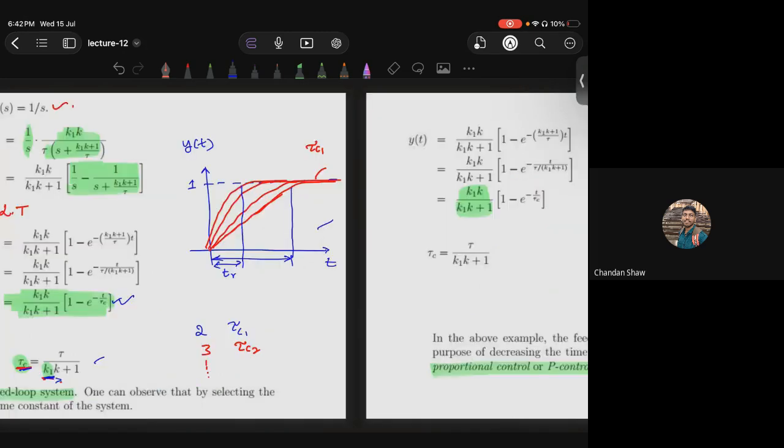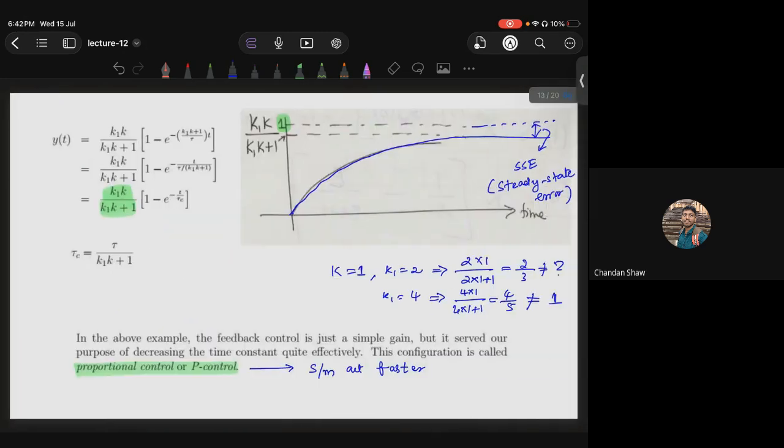But the only issue is that it cannot directly go and settle to value 1, but it will go very fast to the nearest value. For example, it will go to 0.8 very fast. But it will not reach 1.